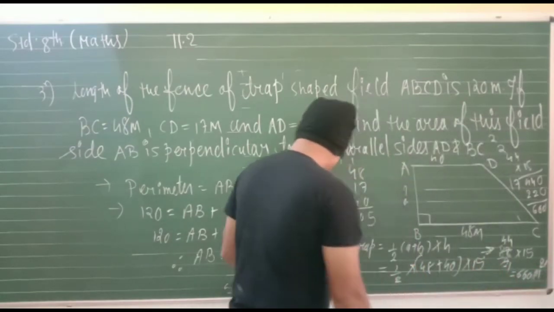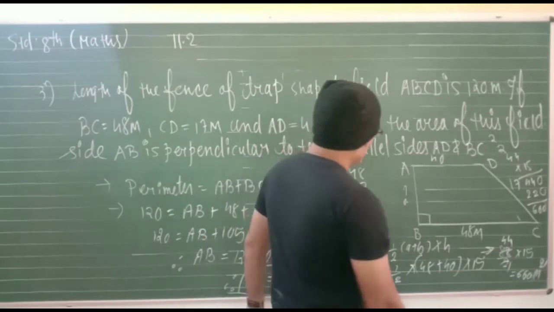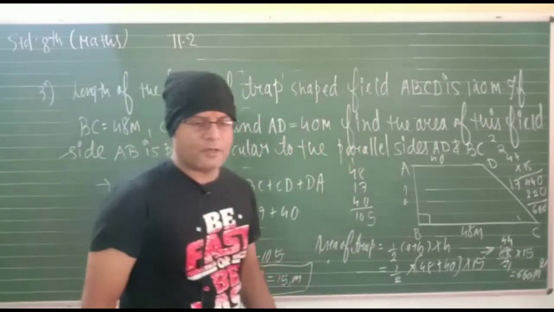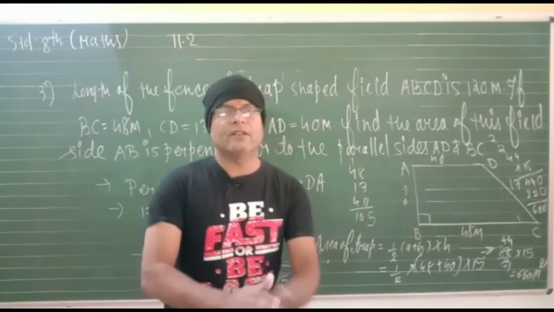Okay, here also meter square. So this is the area of trapezium. Thus the area of trapezium is 660 meter square.